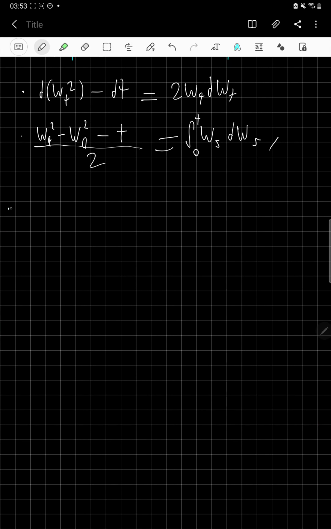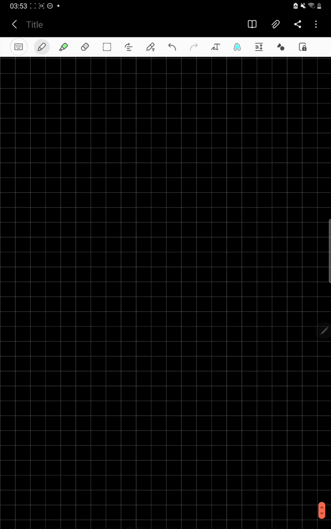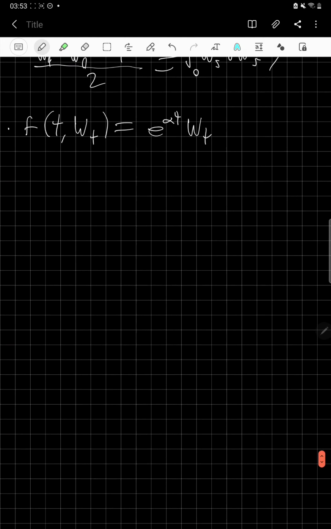If f of t, Wt is going to be equal to e to the alpha t Wt.